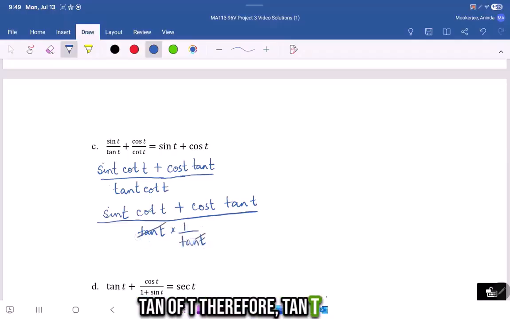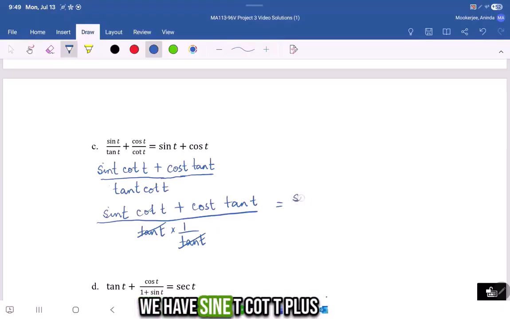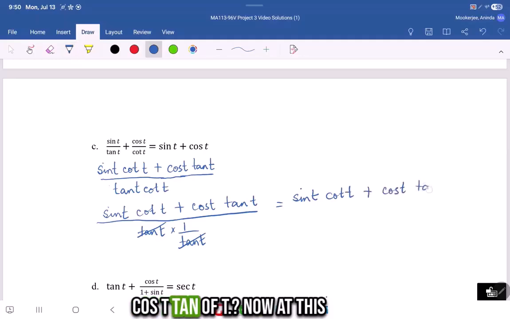Therefore, tan t and tan t would divide and we would be left with 1 in the denominator. Now, we just have the numerator to work with. We have already reduced the denominator to a 1. We need not show the denominator anymore. So we have sin t cot t plus cos t tan of t.